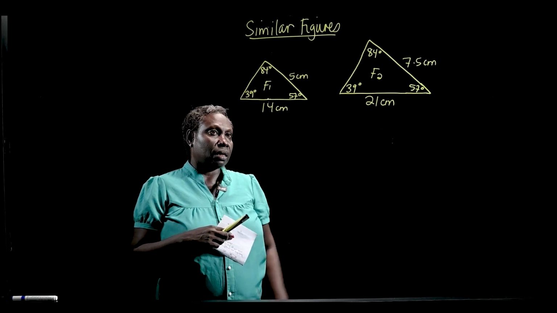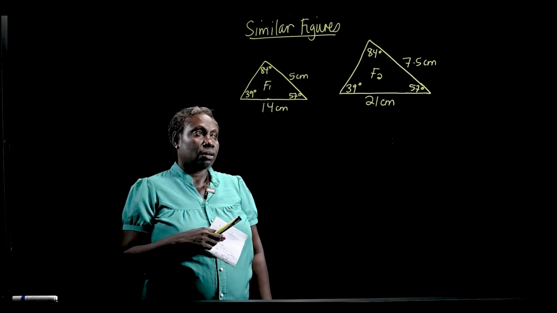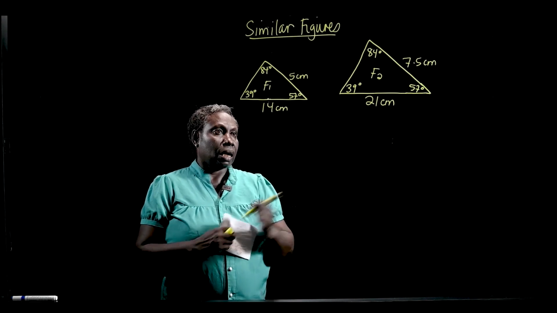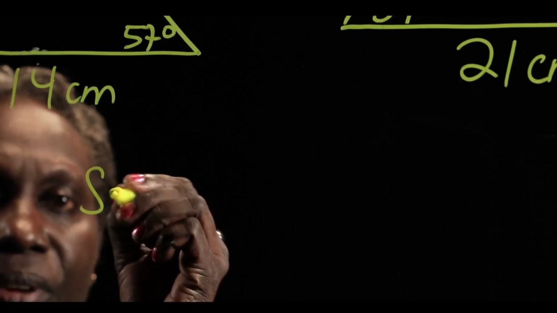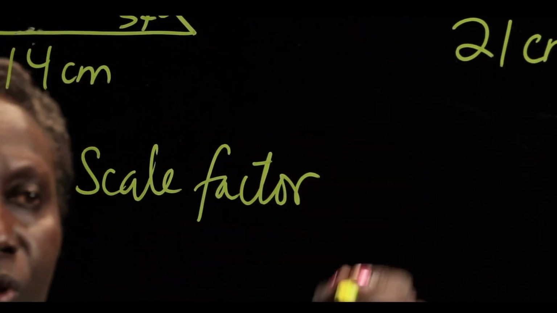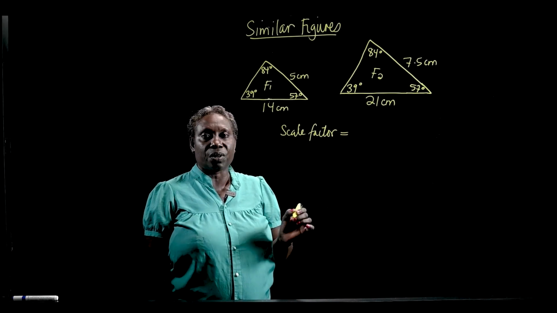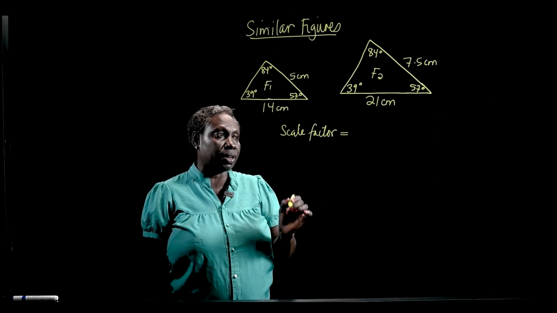When we look at the ratio, 14 is to 21 is 2 is to 3.